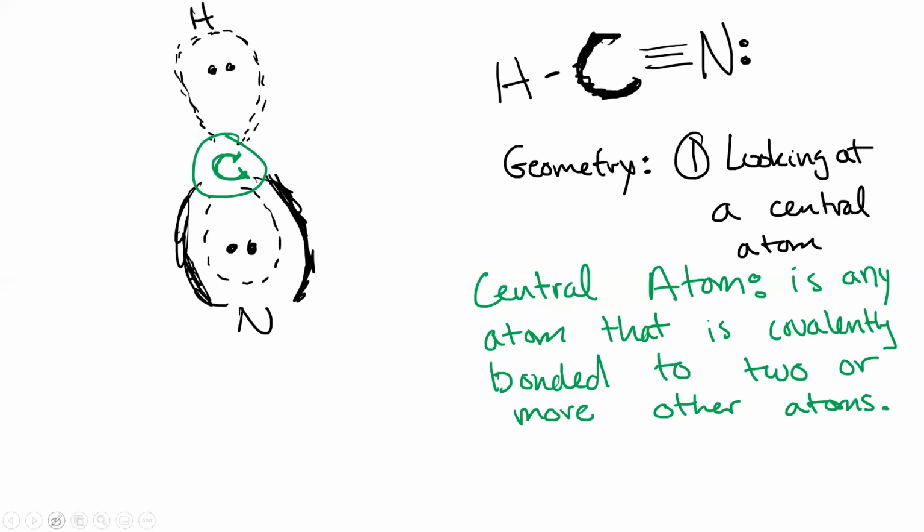So that's the first thing. You have to have at least two atoms that are linked to a common atom for that common atom to be considered a central atom. And you can't really be in the center of something if there aren't two things on either side, right?